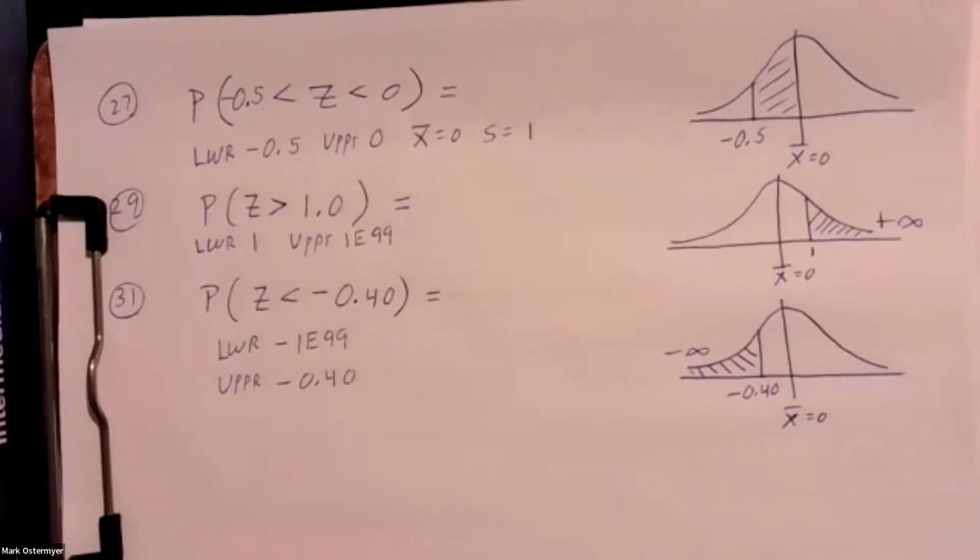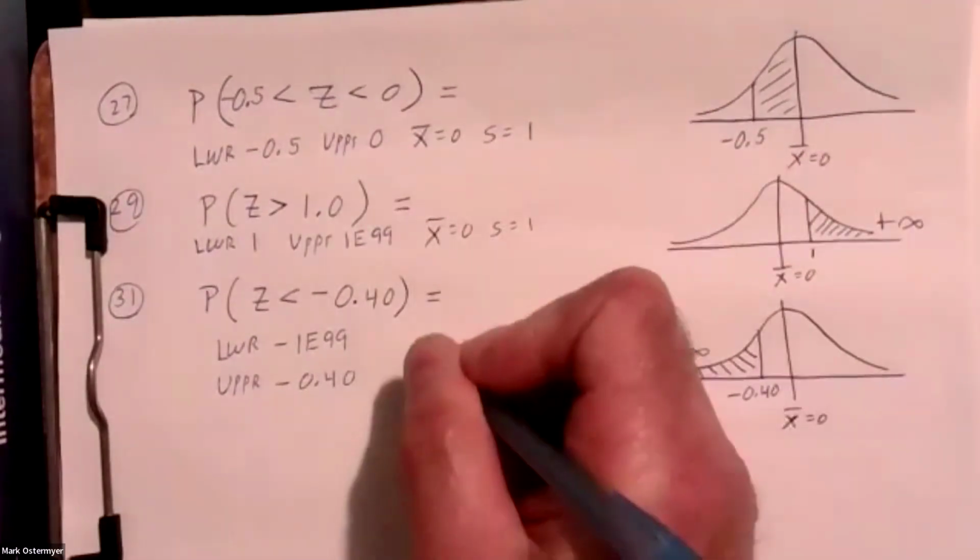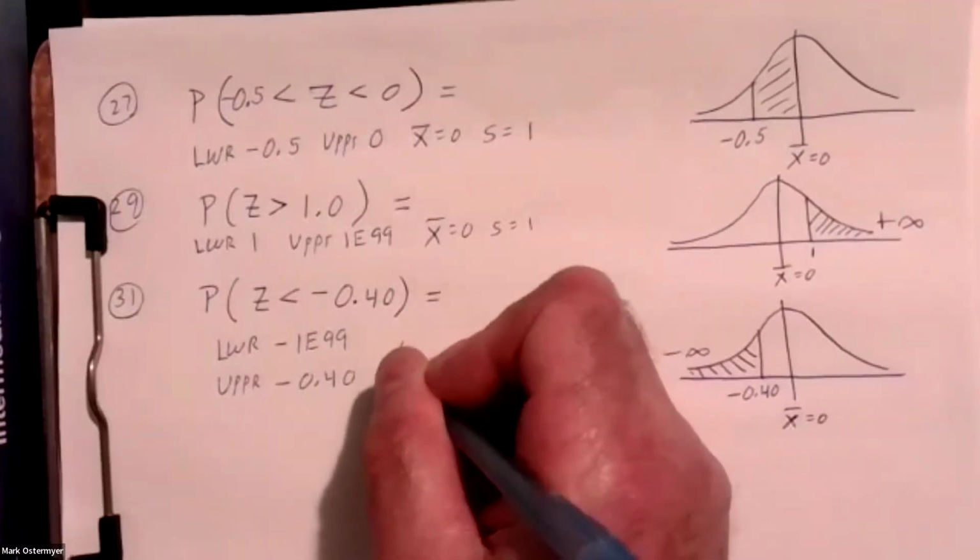All right, so number 27, they want you to find the area between negative 0.5 and 0. The lower endpoint is negative 0.5, the upper endpoint is 0, the mean is 0, and the standard deviation is 1. That's the mean and standard deviation of all these, because all of them refer back to the standard normal probability distribution.